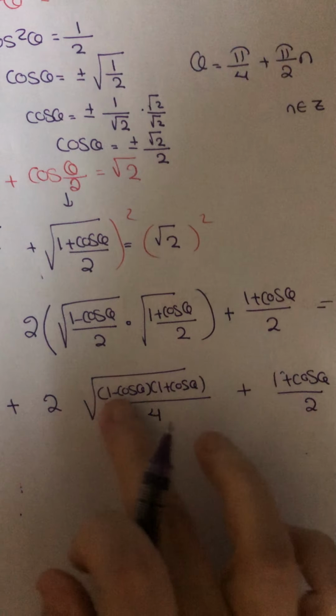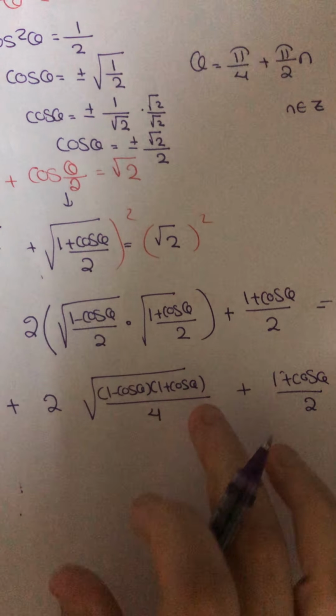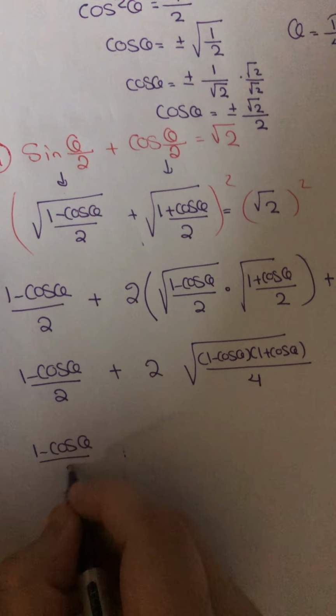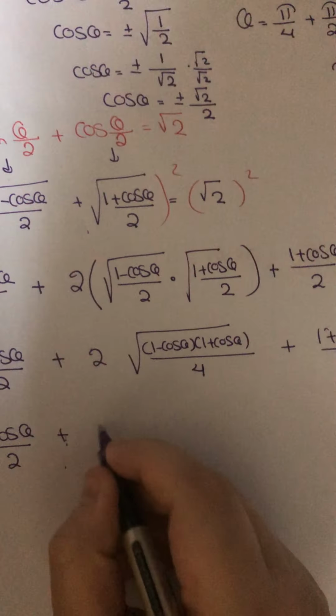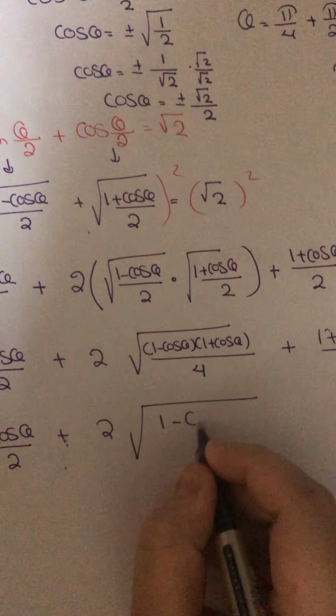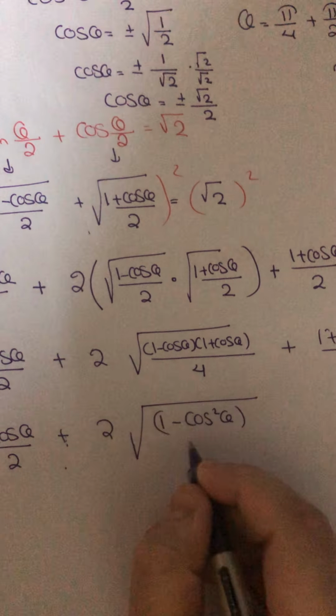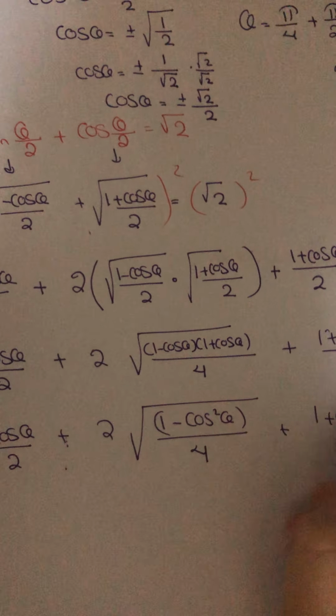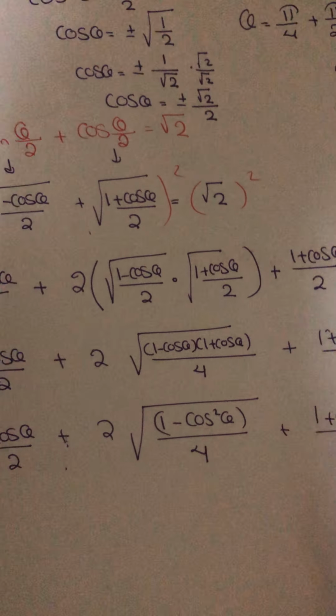Okay, these are a difference of squares, so first with first, last with last. So 1 minus cosine squared theta over 4, plus 1 plus cosine theta over 2, equals 2.